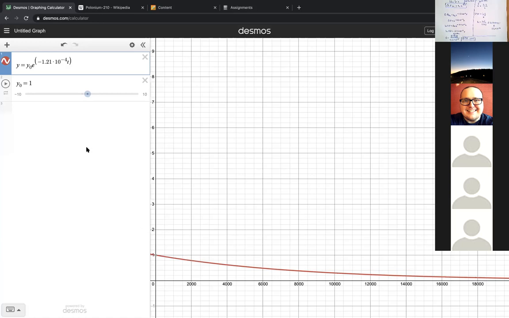So I just wanted to point that out on the graph. Remember, we're talking about proportions when we're doing things with exponential functions. Most of the time, we're talking about proportions. Does anyone have questions at the end of class here?